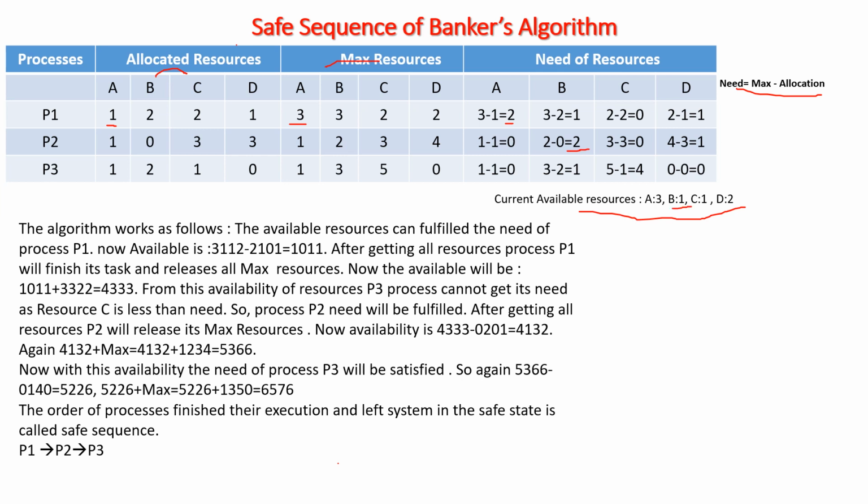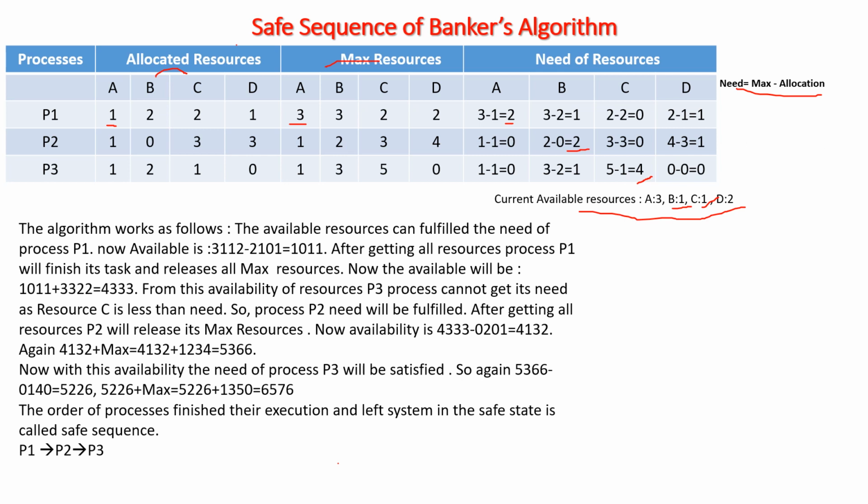So it will not be fulfilled. For process P3, resource C requirement is 4, but available is only 1. So it will also not be fulfilled. So only process P1's requirement will be fulfilled because its need is 2101, which is satisfiable.